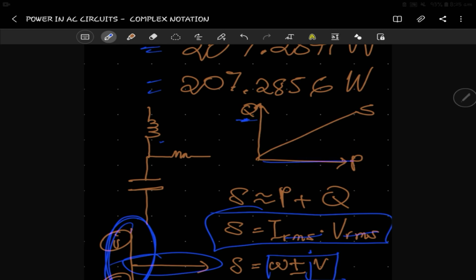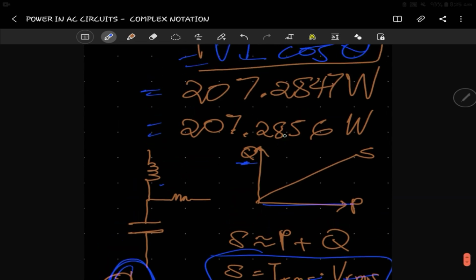But we know Q can be positive or negative, depending. When Q is positive here, it means that current lags, or power lags, when Q is here.